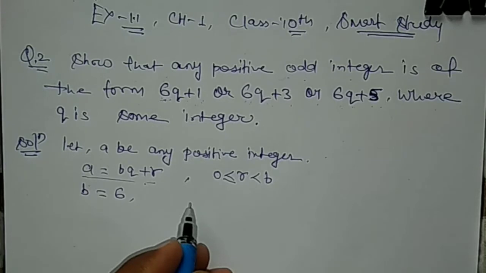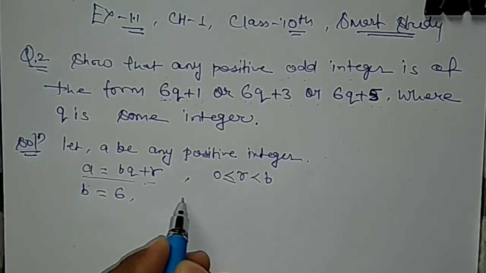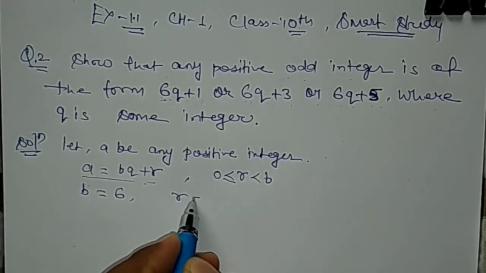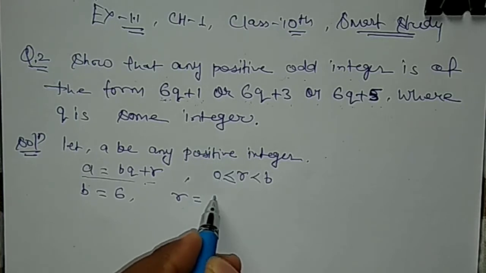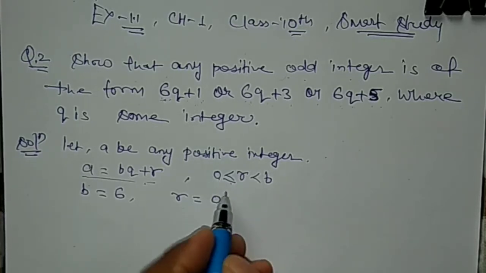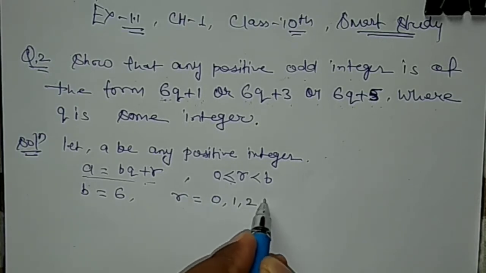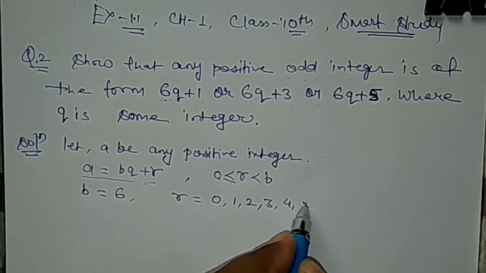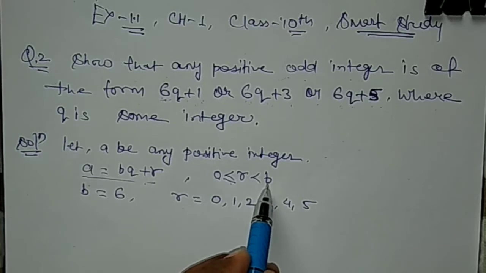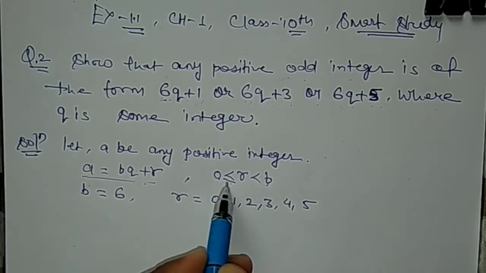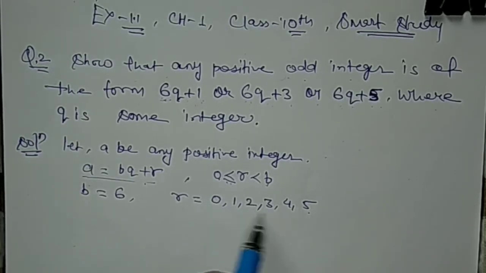And if b is 6, then the remainder should be from 0, so it may be 0, 1, 2, 3, 4 and 5. It should be less than 6, since b is 6. So the remainder is 0 to 5.